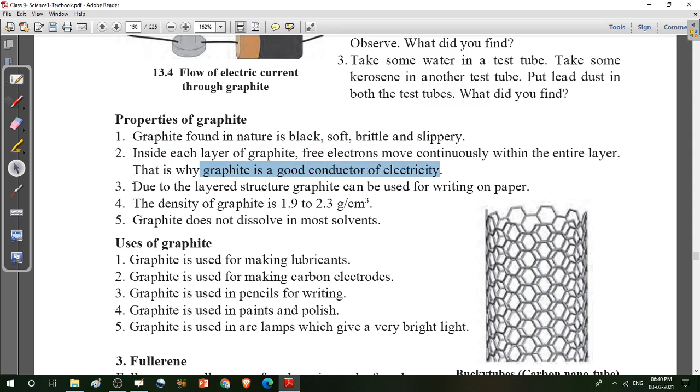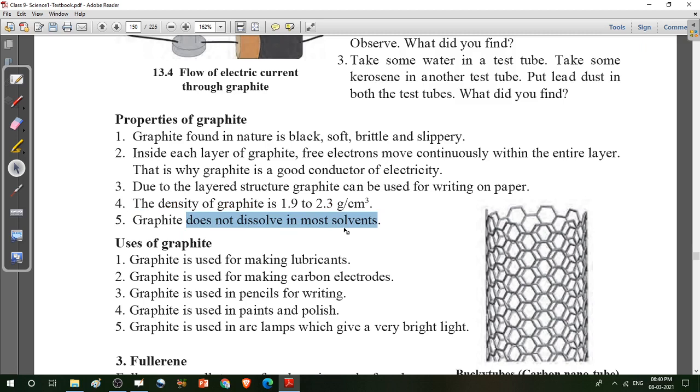Next property: due to the layered structure, graphite can be used for writing on paper. The next property: the density of graphite is 1.9 to 2.3 gram per centimeter cube. Learn this property. Graphite does not dissolve in most solvents.